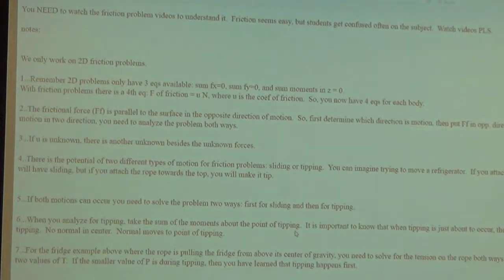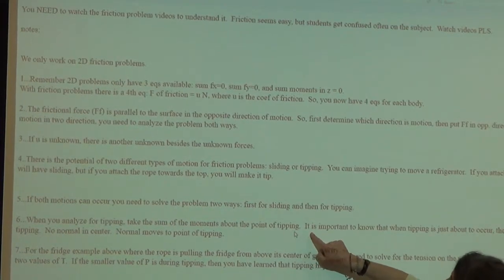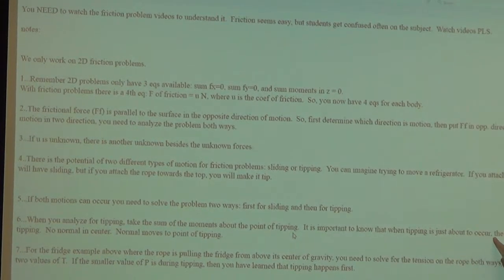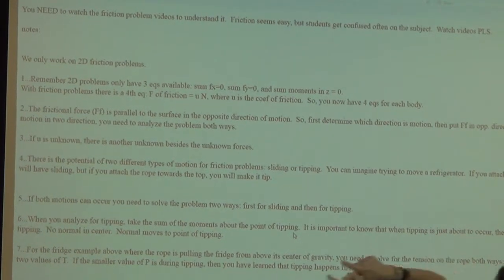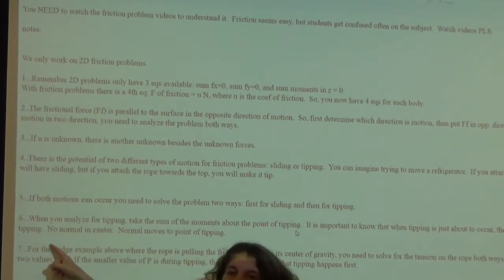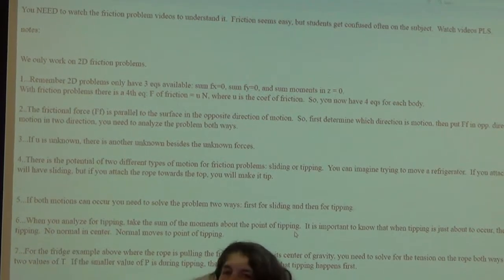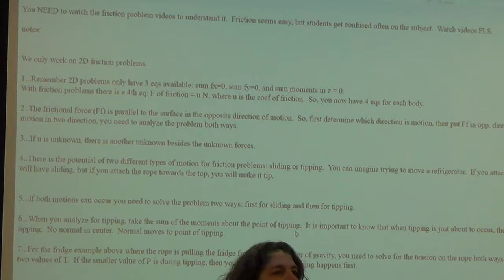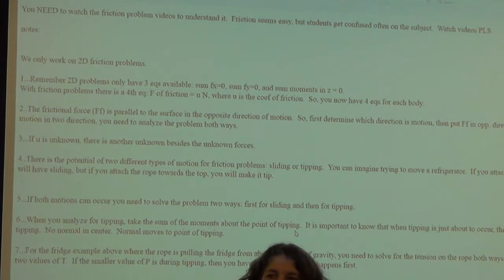No. Right? So when you analyze for tipping, you take the sum of the moments about the point of tipping, and it's important to know that when tipping is just about to occur, the normal only exists at the point of tipping. There's no normal in the center anymore. Okay? So if I do a sum of the moments about the point that it's tipping, can I calculate the normal?